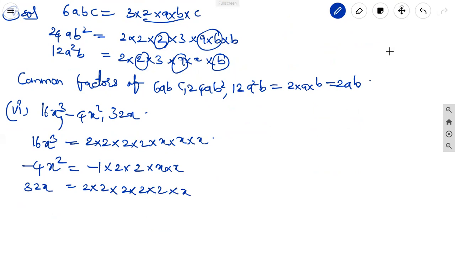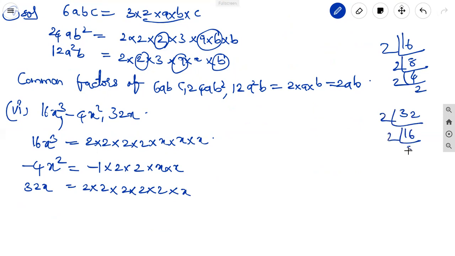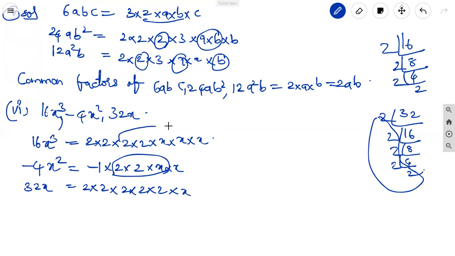If you didn't get the idea, then you can write the prime factorization: 2 8s are 16, 2 4s are 8, 2 2s are 4. In the same way, 32 also: 2 16s are 32, 2 8s are 16, 2 4s are 8, 2 2s are 4. Then you get how many times to write it. Now observe: here 2 into x, here 2 into x, here 2 into x are the common factors of the 3.